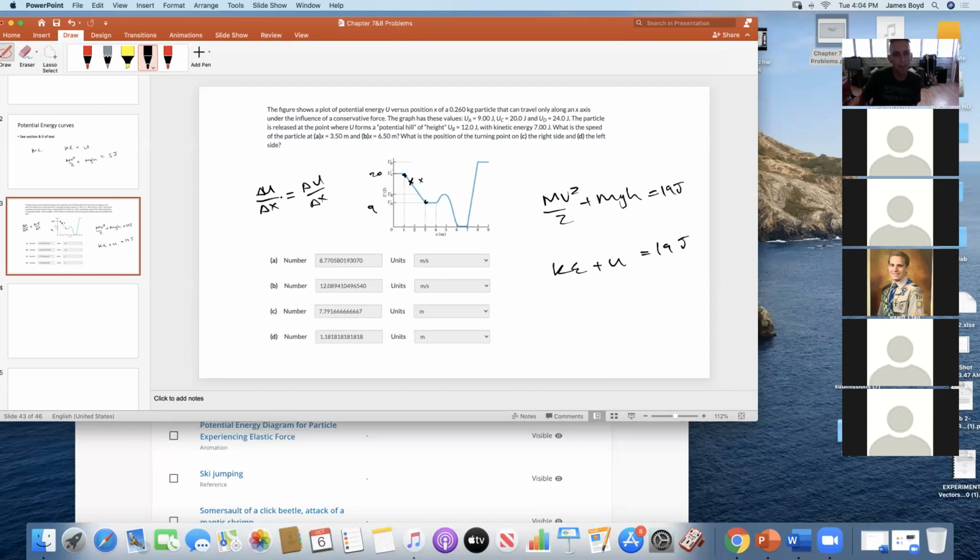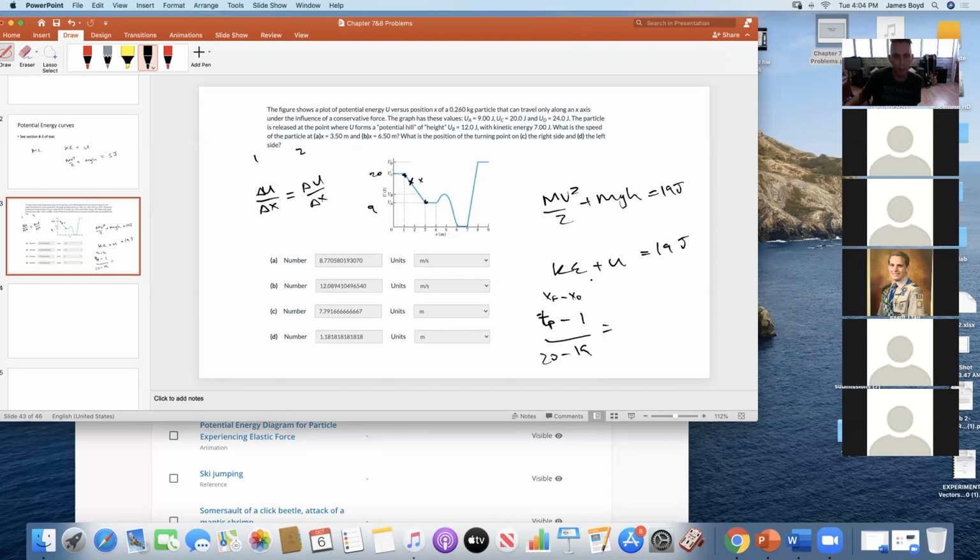Call this 1 and call this 2. So we can see that this starts at 1 and goes to our turning point, TP, minus 1. This is X final minus X initial, over 20 minus 19.